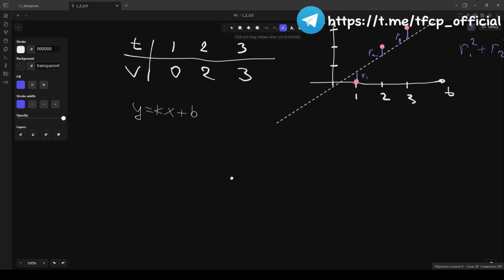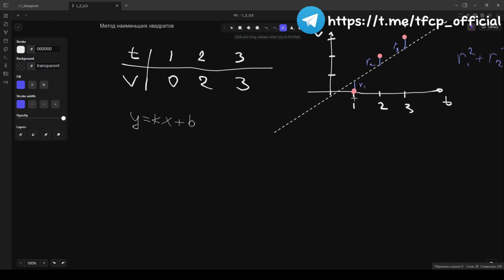Well, look, if the line actually initially passed through this first point with the coordinates t1, v1, what does that mean? This means, let me actually write the line here.